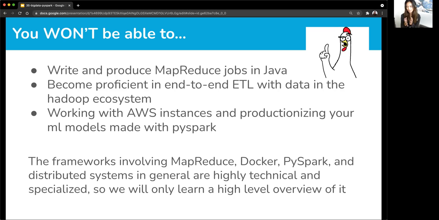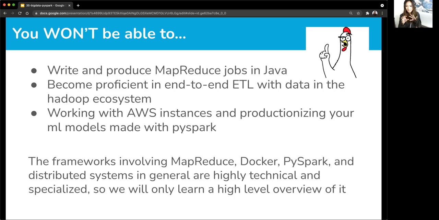I'll actually send a bunch of resources related to data engineering towards the end of our program. Also, we won't really talk about working with AWS instances and productionalizing PySpark machine learning models. I will be talking about productionalizing scikit-learn models when we get to the capstone phase, but not PySpark models, although it's quite similar if you think about the processes, which of course we don't have any context for right now.